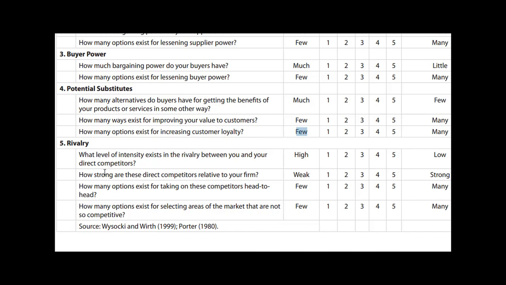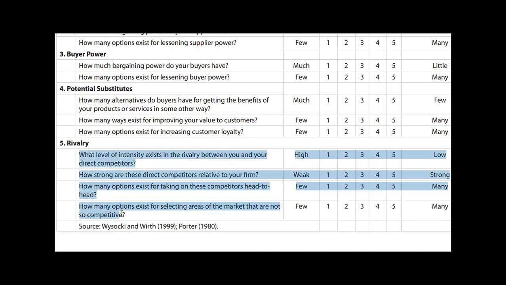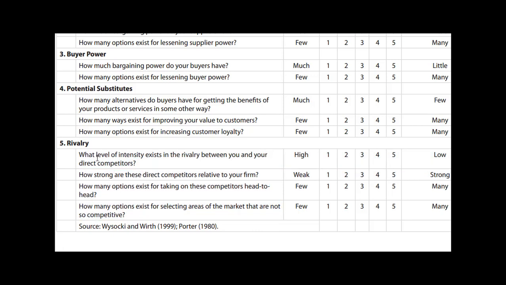Then rivalry among the existing competitors is also a source in the Porter Five Forces model. To measure that, we have to answer three questions, which include the level of intensity in rivalry between the competitors. If it is high rivalry, it's a threat.